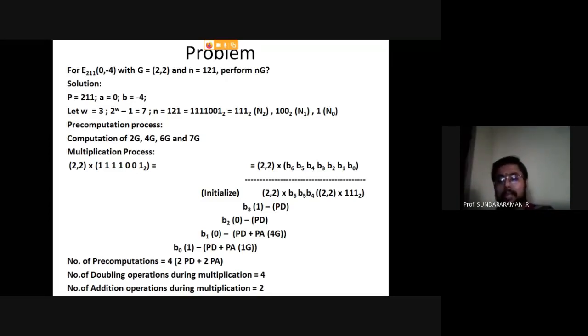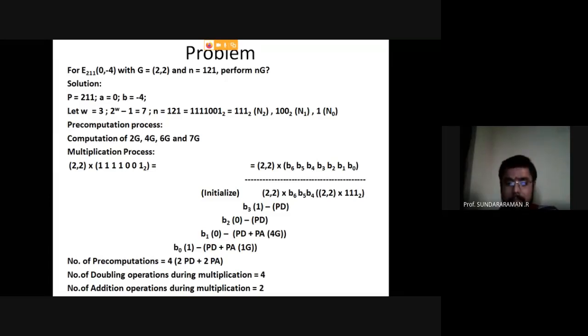You are just reading, for example, in the hardware, whatever you have stored in the memory, you are just calling it. So you are not going for any ALU kind of operations during the multiplication process, right? As I already told you, some memory overhead is required in this particular algorithm.